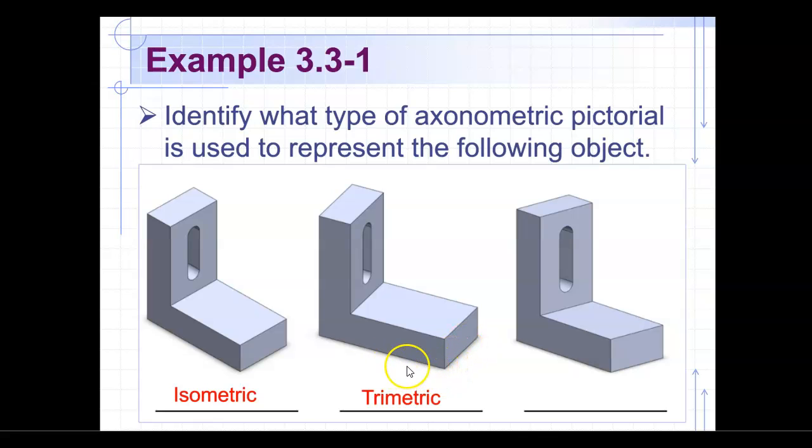You have one that's a smaller angle and the other's a larger angle off of the horizon line. The next one is the dimetric, and of course, both of these angles are the same, the angle from the horizon line up, and both of those are smaller than our traditional isometric of 30 degrees.